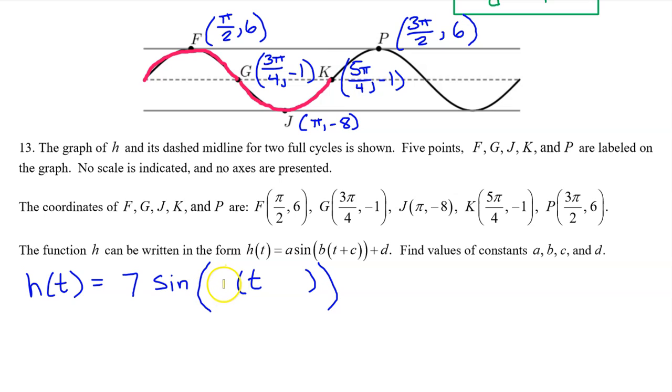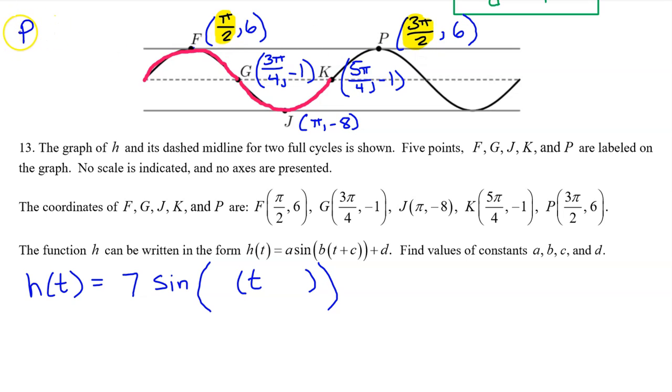Next, it's time to find the B value. But in order to find the B value, we first need the period. We can calculate the period by finding the horizontal distance between peaks. So from peak to peak, the input values go from pi over 2 to 3 pi over 2.